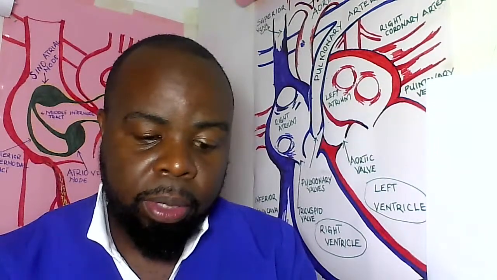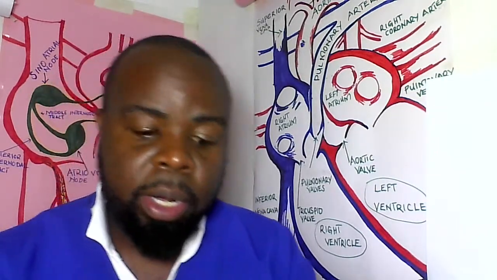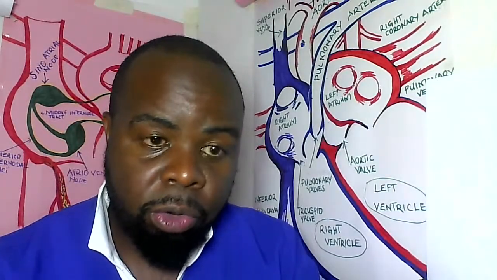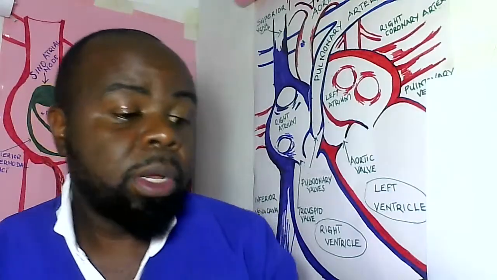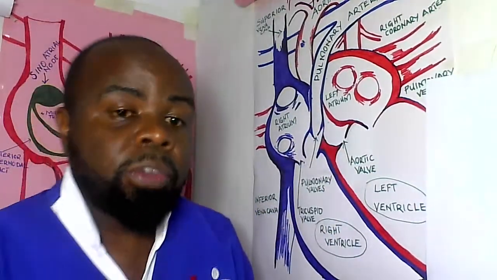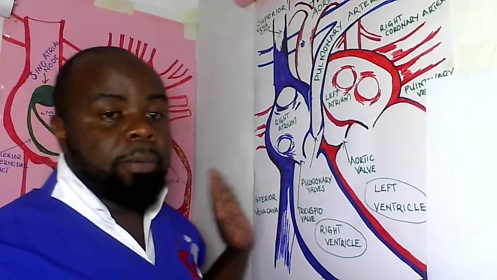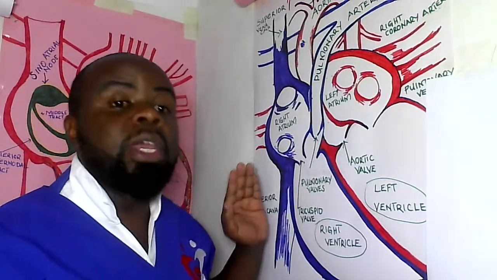Okay, so we continue with the topic. We had started and we had discussed how the blood flows in a child's heart. We said it goes from the liver of the mother through the umbilical veins.